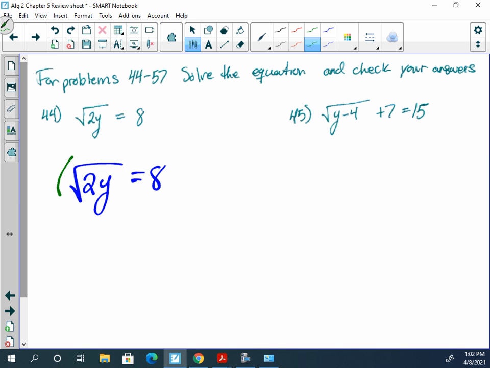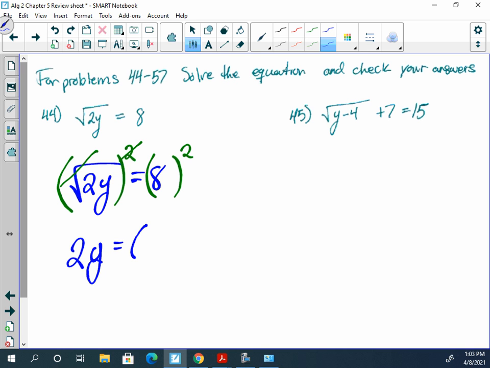It's already by itself, which means we can put both sides to the second power, because whenever we square a square root, they cancel out, which would leave us with 2y equals 8 squared is 64.